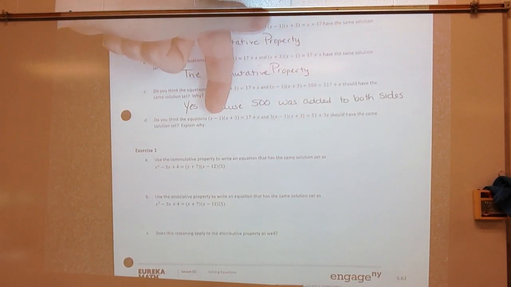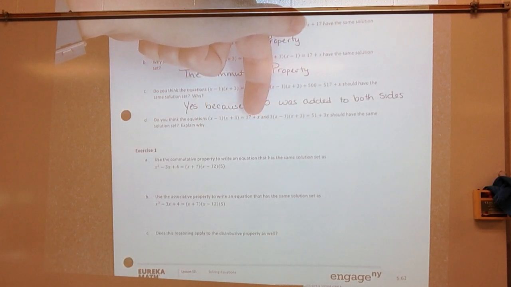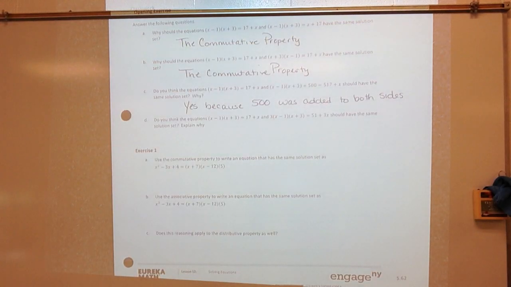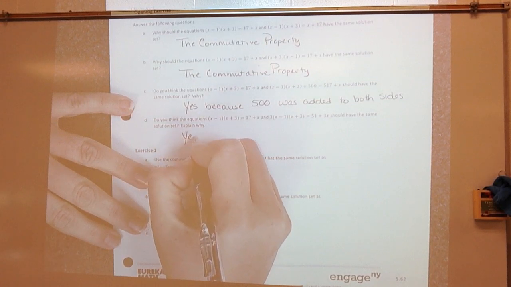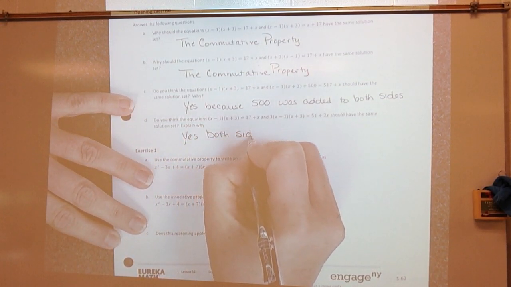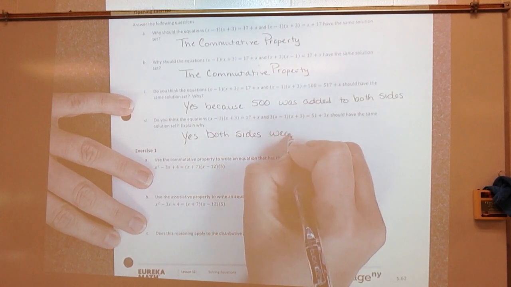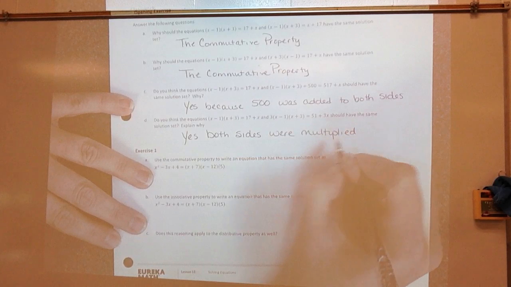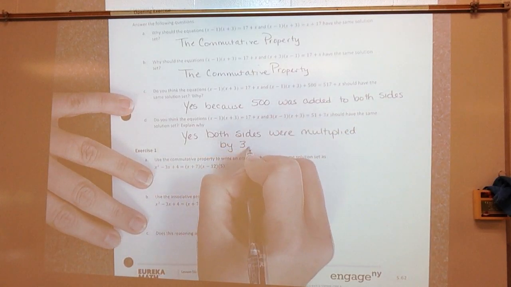I multiplied everything times 3. What did I do on this side? I multiplied everything times 3. So yes, both sides were multiplied by 3. Okay?